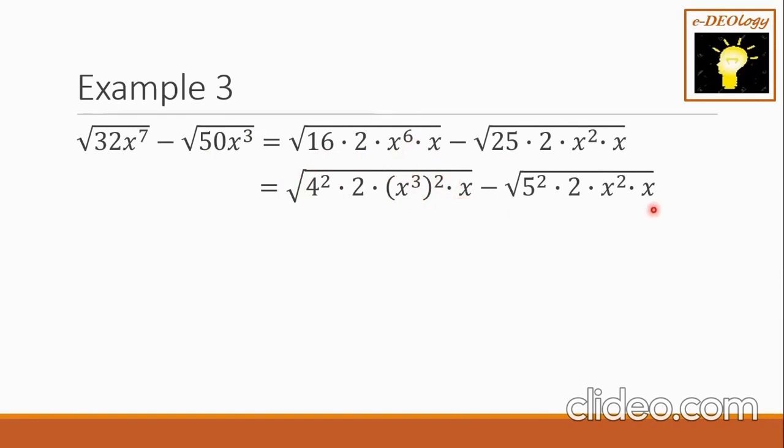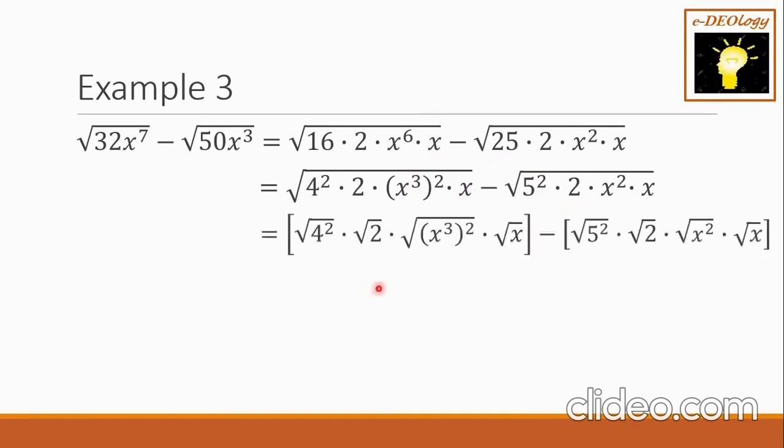On the second radical, the 25 is now represented as 5 square, and the rest we just copy down here. The next line is we're going to distribute the radical sign to each of the factors inside the radical.